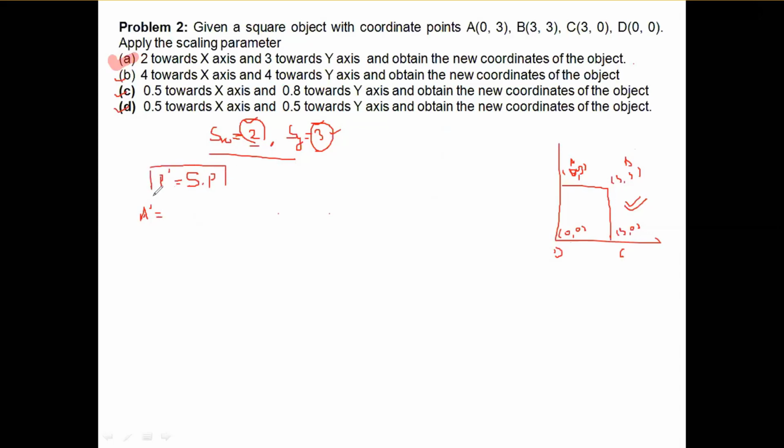This scaling matrix will be applied to all points A, B, C, and D. First write the scaling matrix, with the scaling factors 2 and 3, then 1.